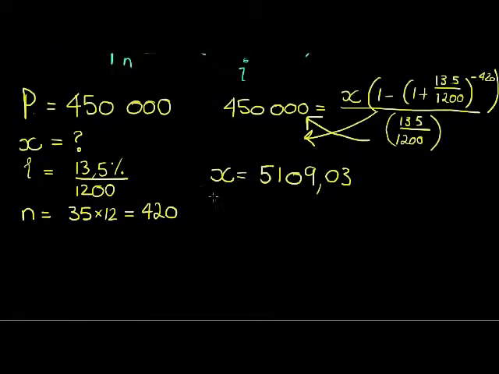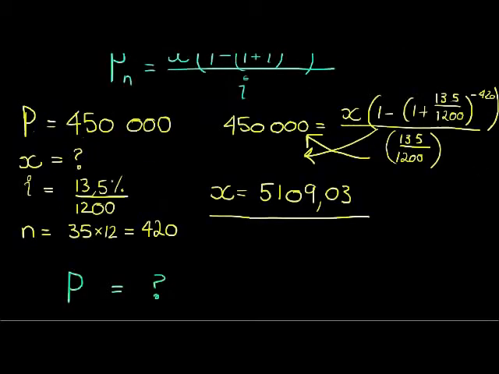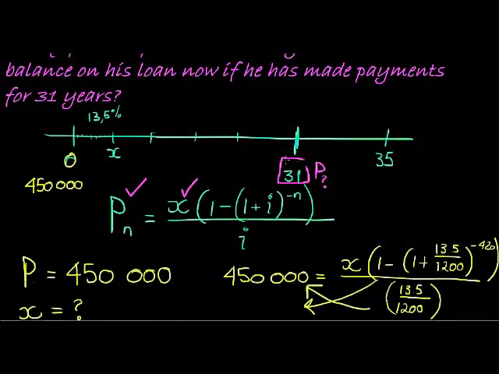There we go. Now that we have x, we can reuse our formula, but this time we want to know what is the value after I've already made 31 years of payments. So there's still 4 years of payments left, and every year I am making 12 payments.